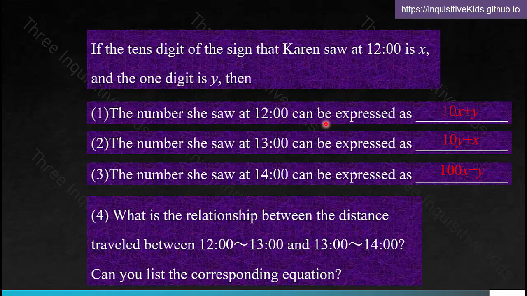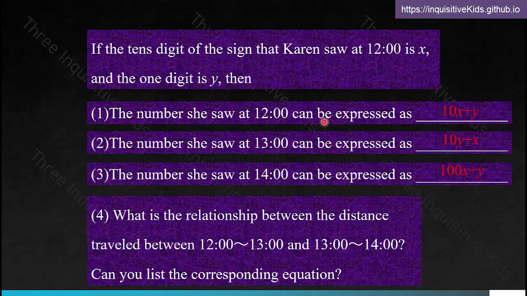So now we're asking, what is the relationship between the distances traveled between 12 p.m. to 13 p.m. and 13 p.m. to 14 p.m.? And can you list the corresponding equation? Well, she's going at a constant speed, and the amount of time between these 3 sites are the same. So it means that the difference in the numbers should also be changing consistently at the same speed.